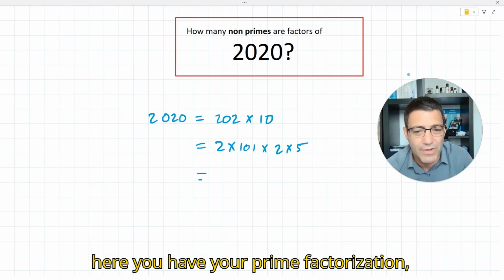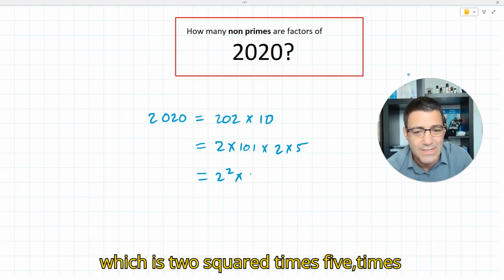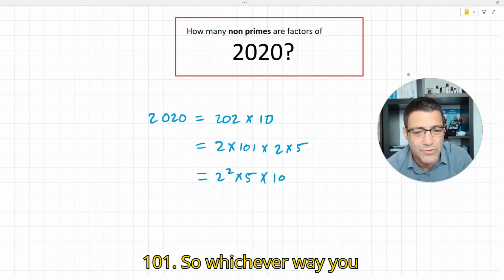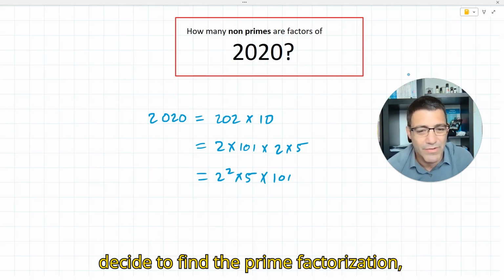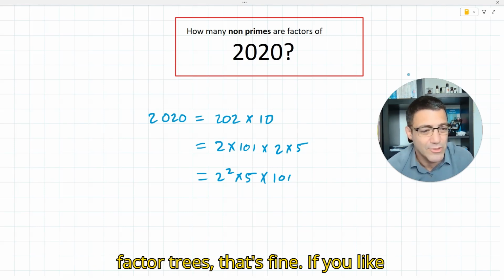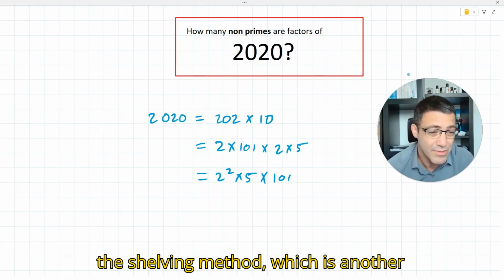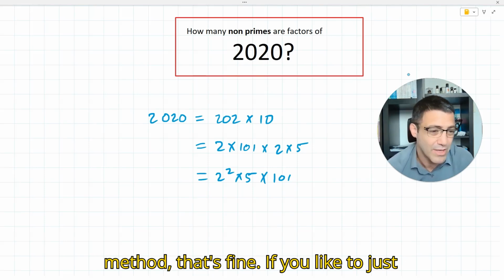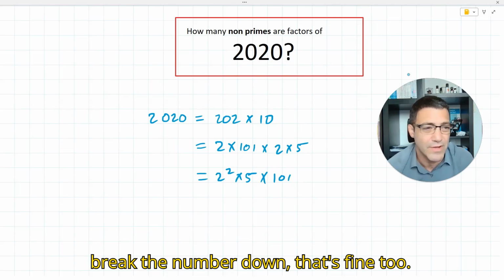And here you have your prime factorization, which is 2 squared times 5 times 101. So whichever way you decide to find the prime factorization, whichever method you prefer, just pick. If you like factor trees, that's fine. If you like the shelving method, which is another method, that's fine. If you like to just break the number down, that's fine too.